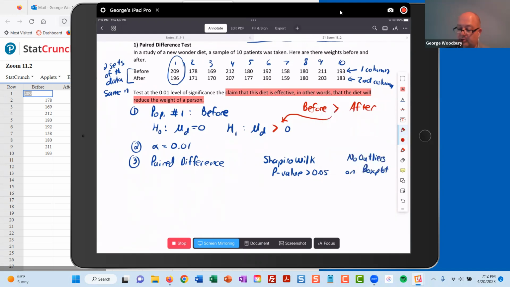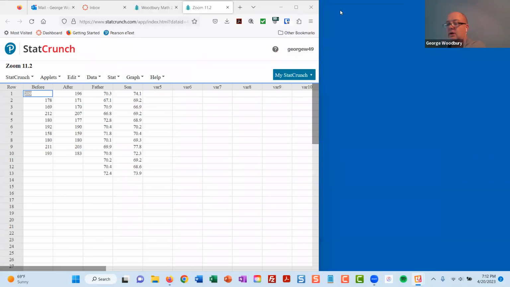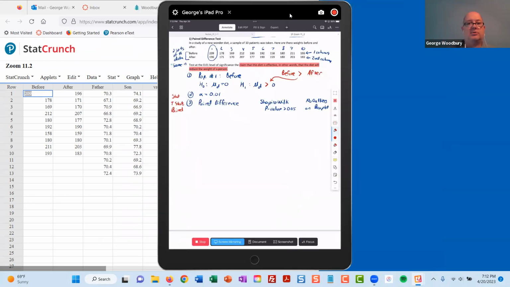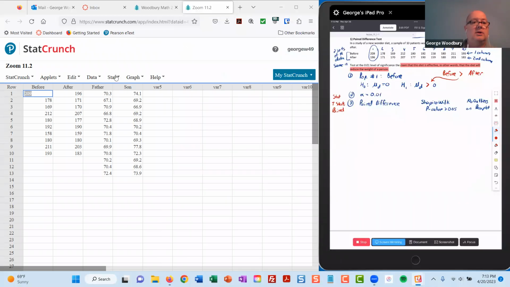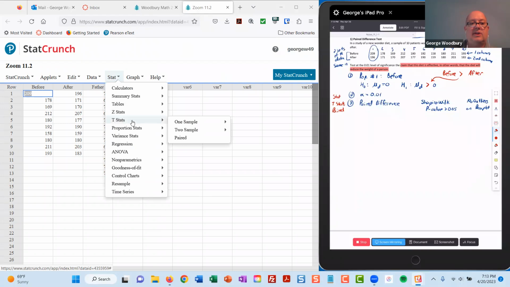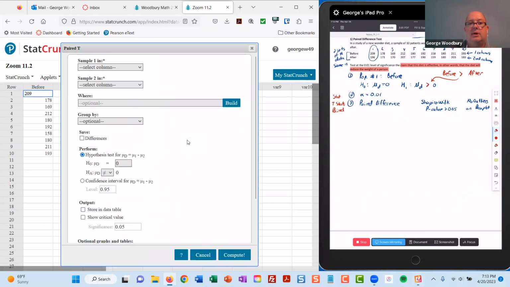The StatCrunch steps for that are stat, t-stats, and paired. So I'm going to split the screen again, and we'll walk through the calculations in StatCrunch. Stat, t-stats, paired.